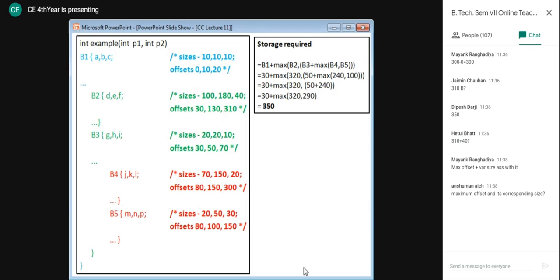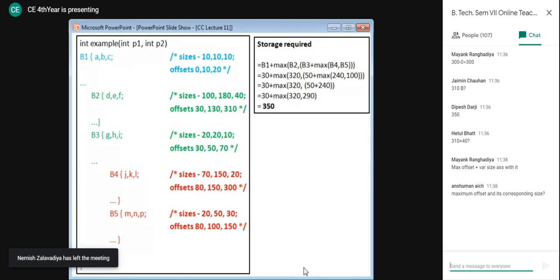Now taking a maximum of B2 and 290. So for B2, what do we need? We need 320 units of memory. So what is the maximum of these two? It is 320, right? So 320 plus 30 gives us 350, right?